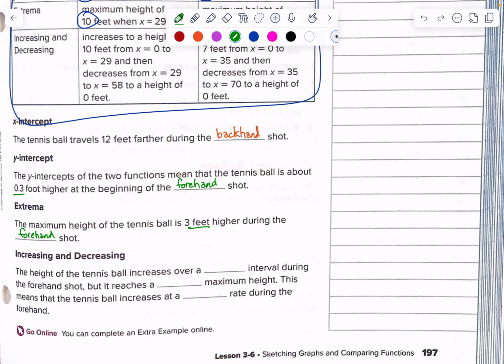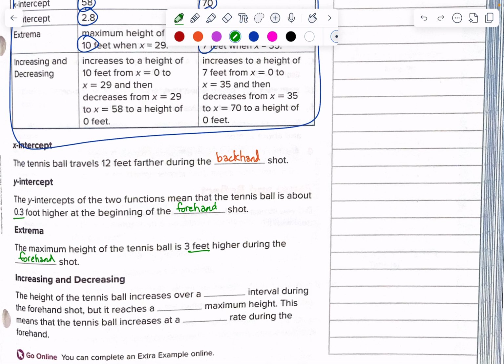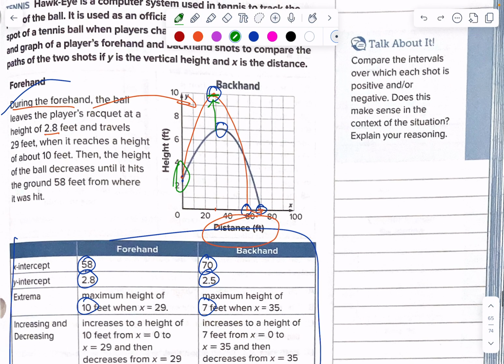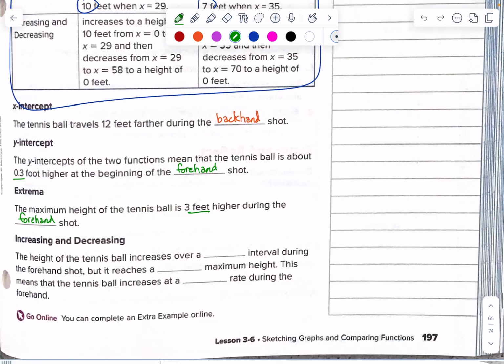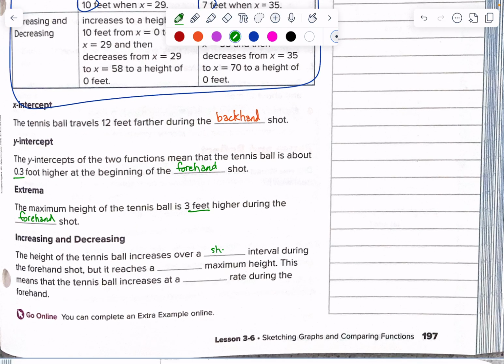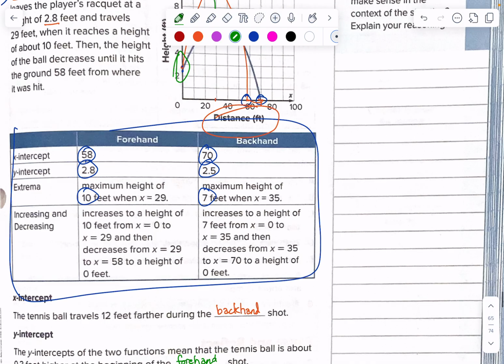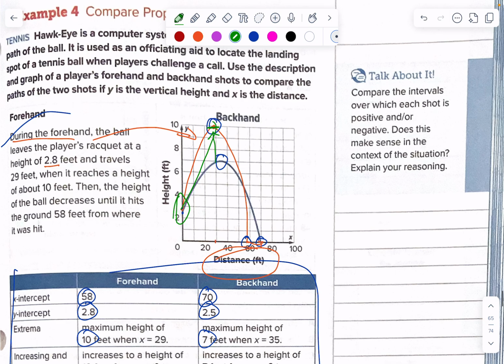The height of the tennis ball increases over a, I bet you they want to say short interval. This is a shorter interval than it is from here to here.